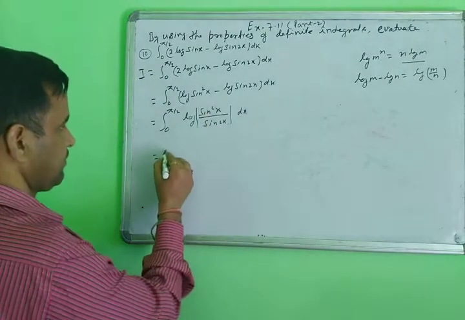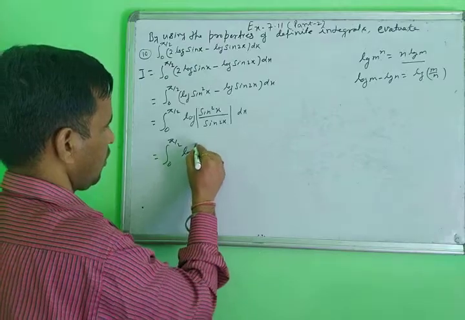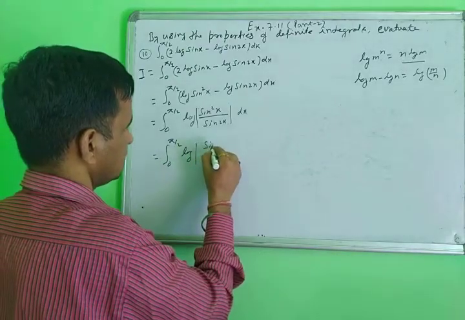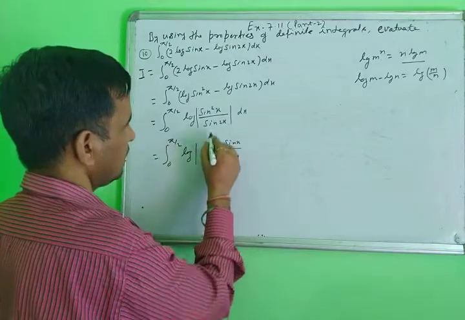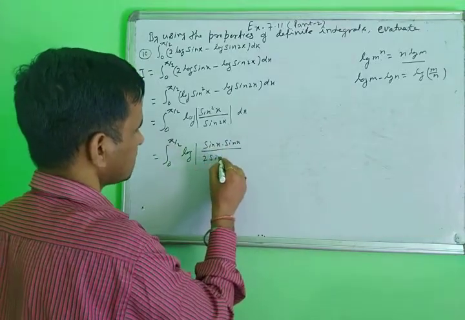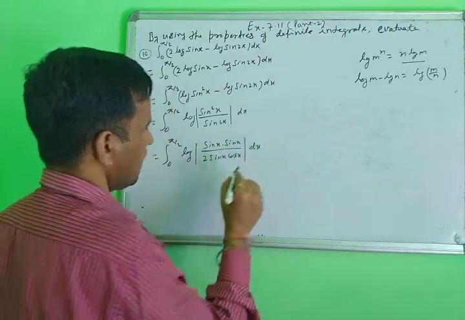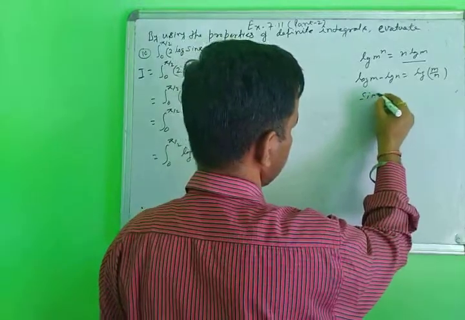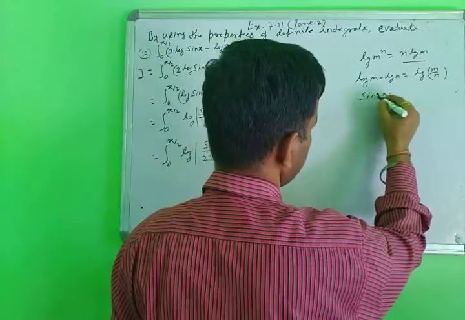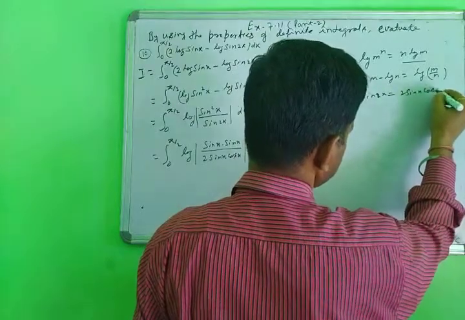After that, the integral from 0 to pi by 2 of log of sin square x upon sin 2x dx. Because of the property of sin 2x, which is 2 sin x cos x, we break sin 2x down into 2 sin x cos x.